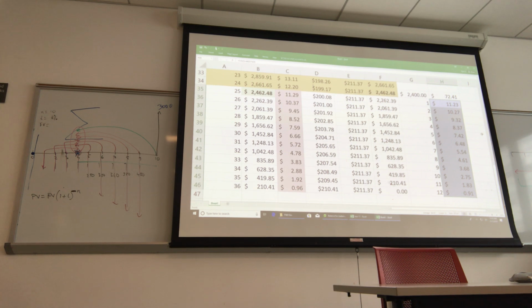Is this clear? Lina? Yeah, but I'm not sure the 72.41, that's just the summation of the... Correct. Okay, that's why you use Excel. When you use Excel, you go on and you find out what this amount of money is.